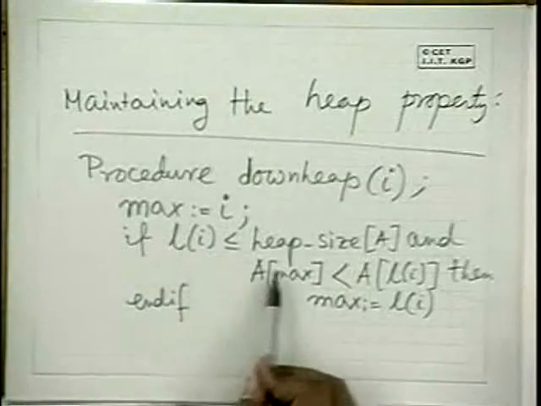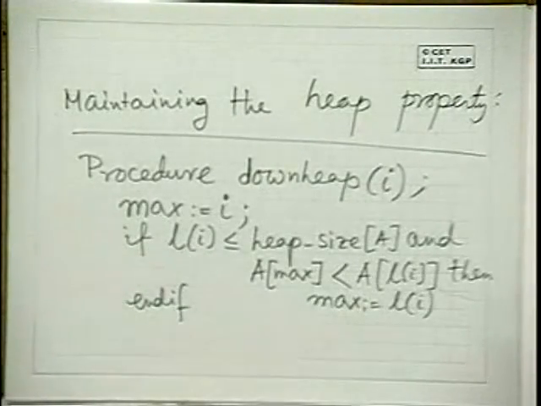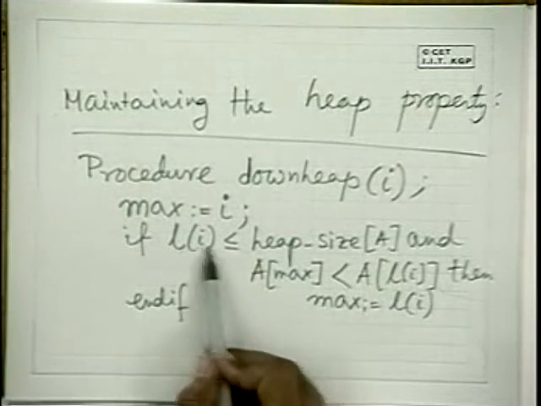So heap size A is probably a global variable. We always maintain the total size of the heap, and in terms of the array, this is the last index of the element of the heap in the array A. So Li less than or equal to heap size A means we are checking that we are not going out of the heap, that we do not go out of bound while shifting down in the array. So that is this check.